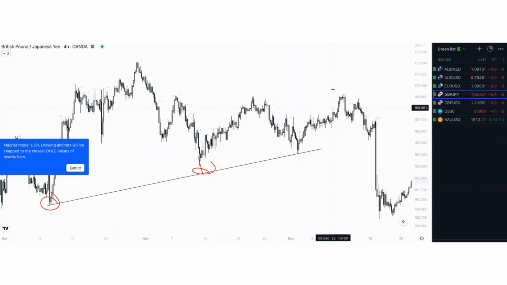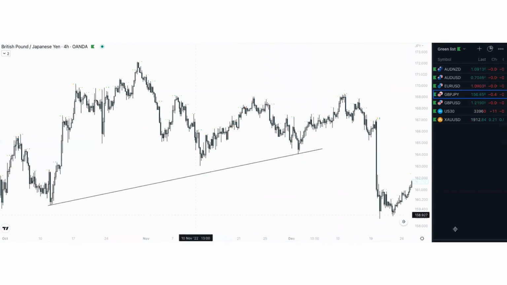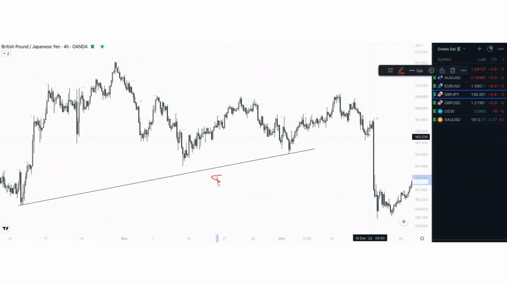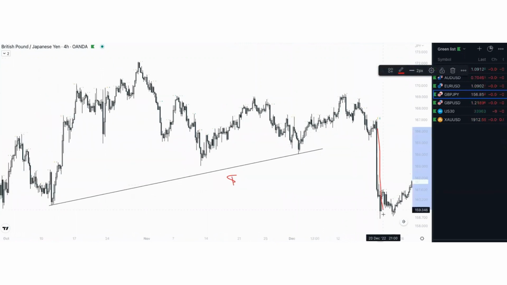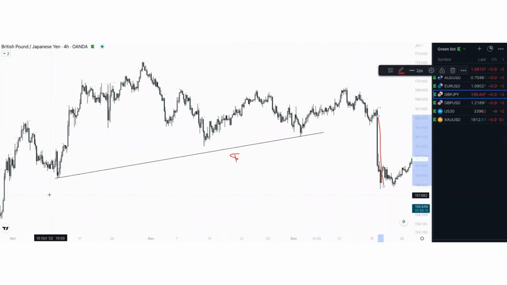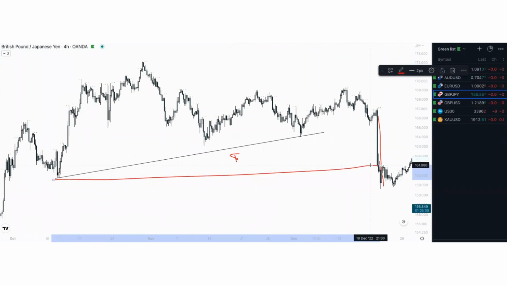But as you can see, there's a lot of liquidity below this area. This price right here really took down up until this area, right? It broke this area.